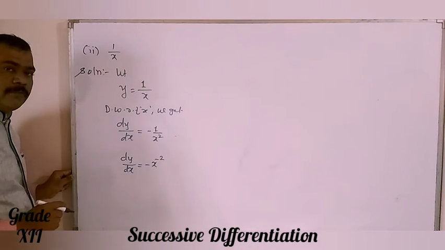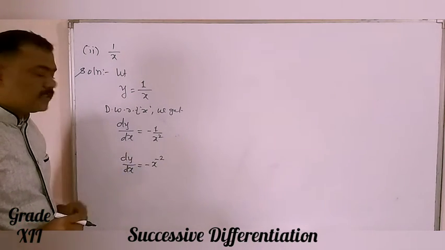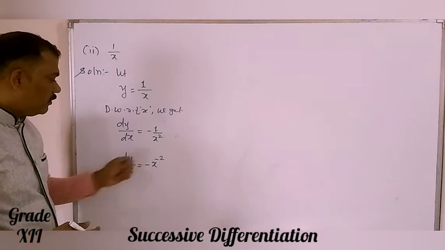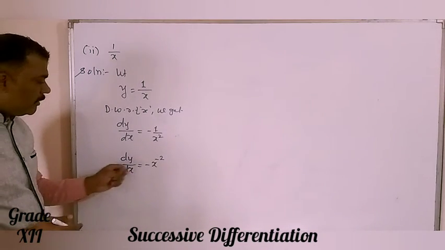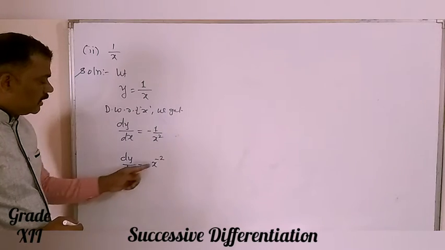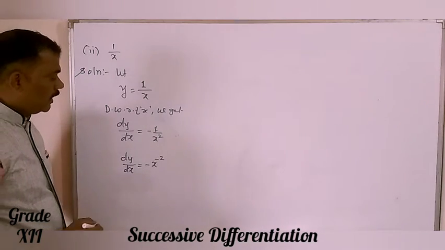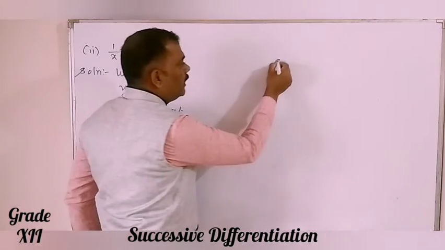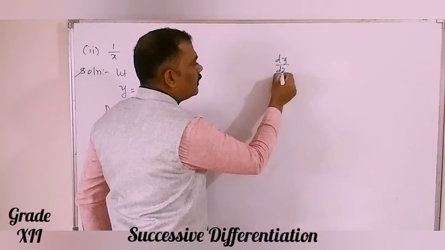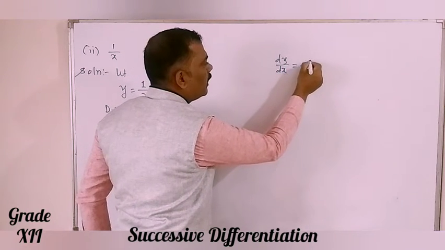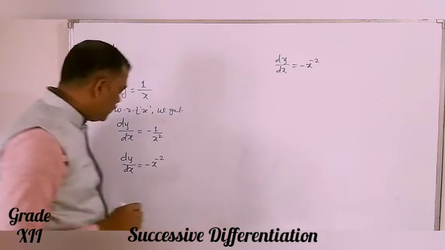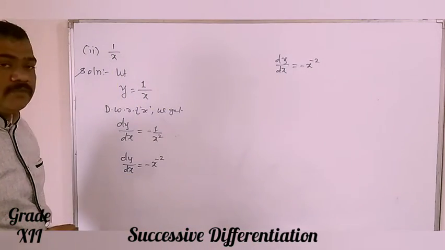We take the denominator into the numerator so the index changes its sign, so we get the negative sign. So here dy by dx is equal to minus x raised to minus 2.